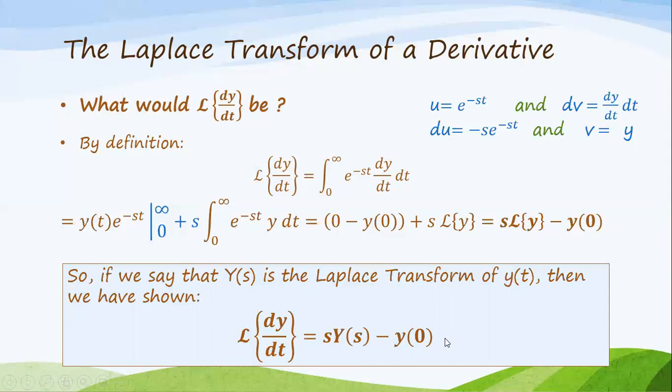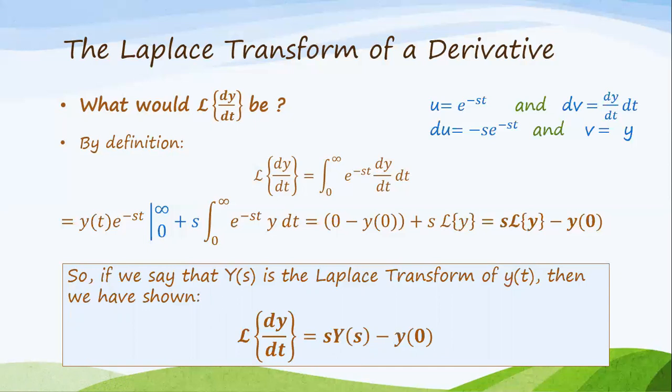In other words, we have found a way to express the Laplace transform of a first derivative using the Laplace transform of the function itself. That's a very powerful result.